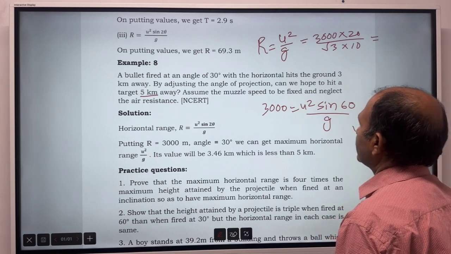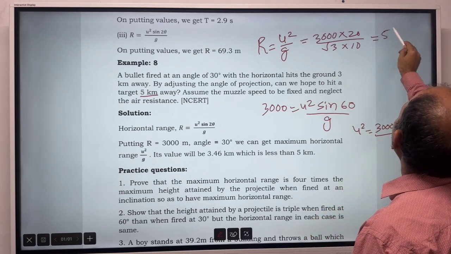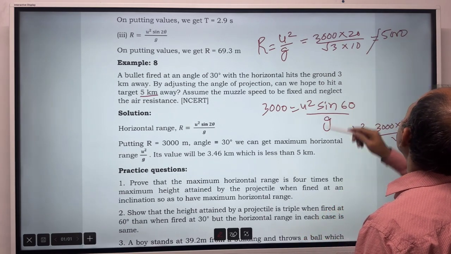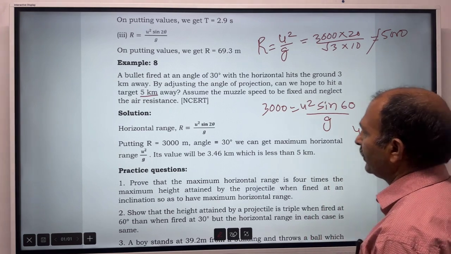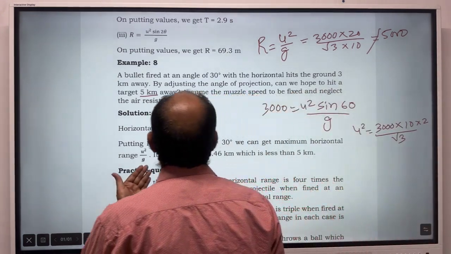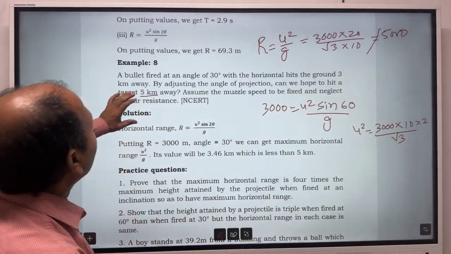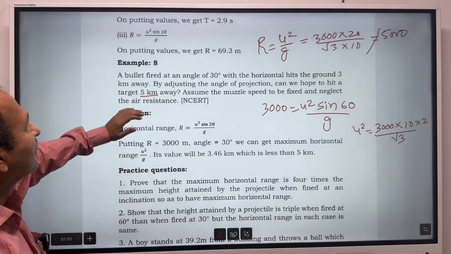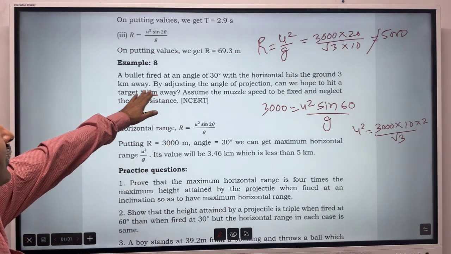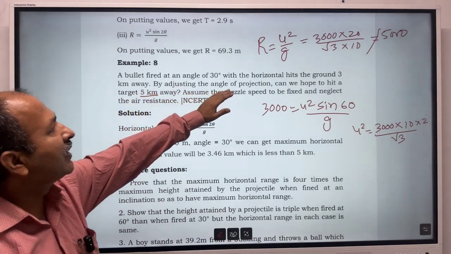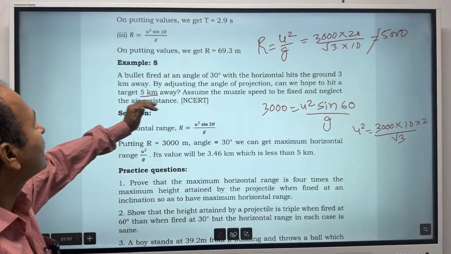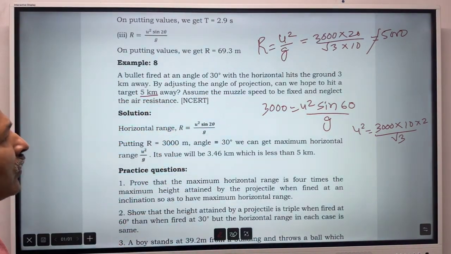Now if we evaluate it, it can't be 5000 in any case. It will be less than 5000. So we can say that it is not possible. Means the answer is no. By adjusting the angle of projection, can we hope to hit a target 5 kilometer away? No, in no case is it possible.